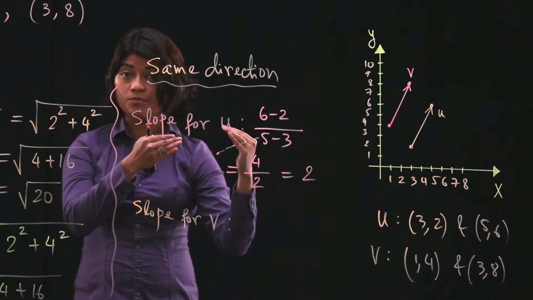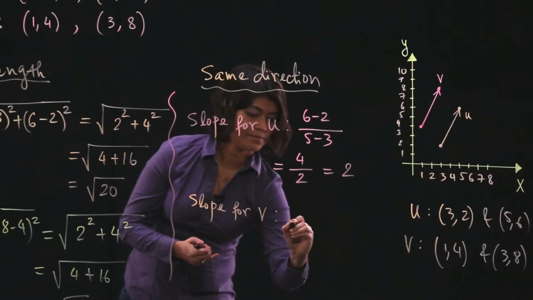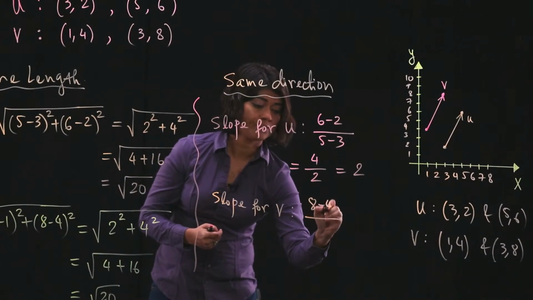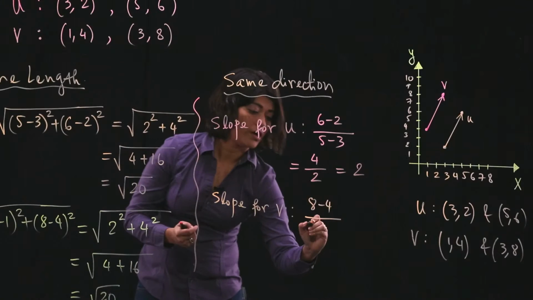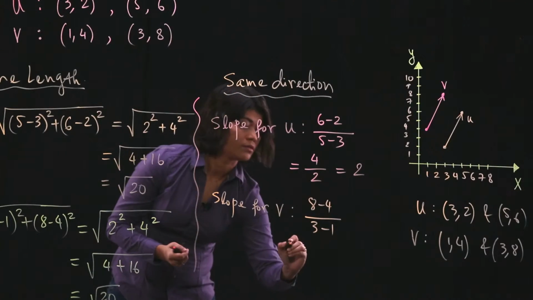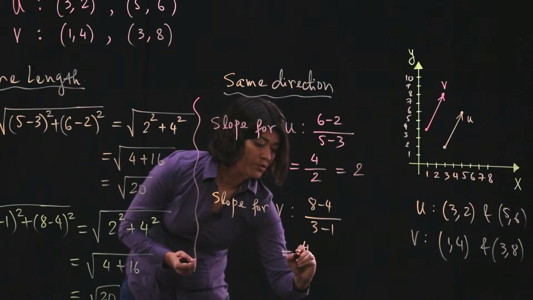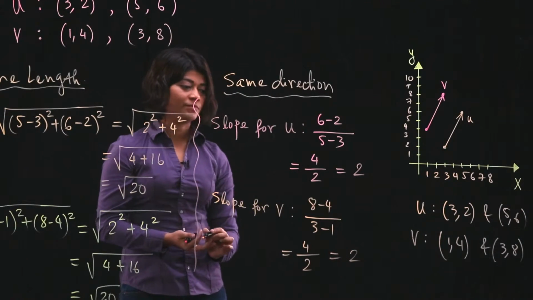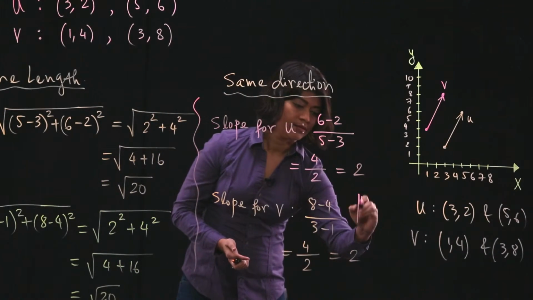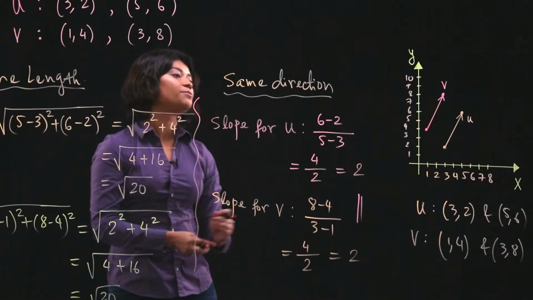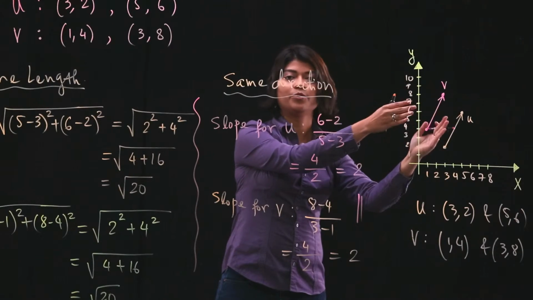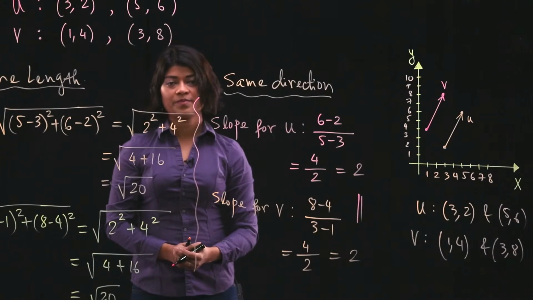Same thing, difference of y divided by difference of x. For v, we have 8 minus 4 in the numerator and 3 minus 1 in the denominator. And that is 4 divided by 2, which is 2. So we see that they have same slope, and therefore those two lines are parallel, which means u and v both have same direction.